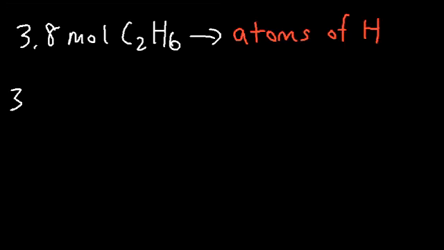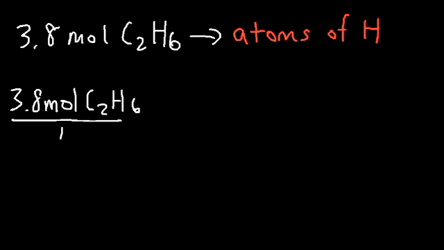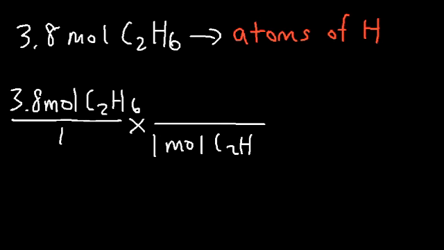So first, let's start with 3.8 moles of ethane. And we need to convert it to molecules using the same process that we used before. And so 1 mole of ethane contains 6 times 10 to the 23 molecules of ethane.